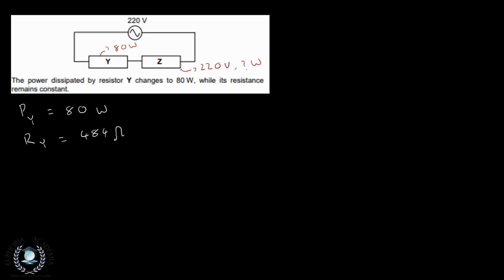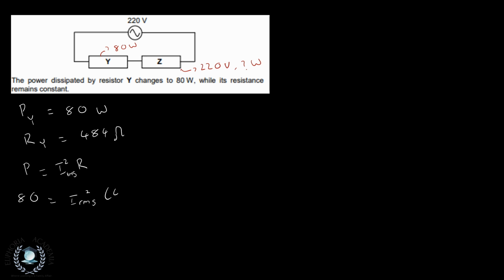That means we need to know the current that is flowing through these resistors. By doing that, we can leverage the power equation where power is equal to I squared multiplied by R. This will be our I RMS value, and we know that our power is 80, and we're trying to find our I RMS squared.